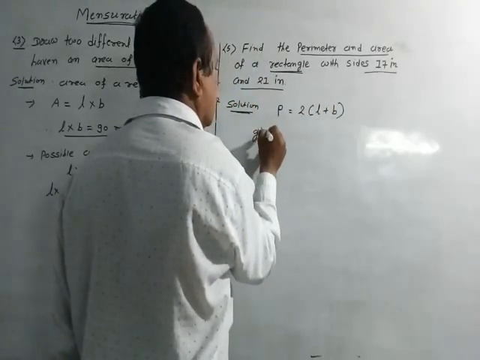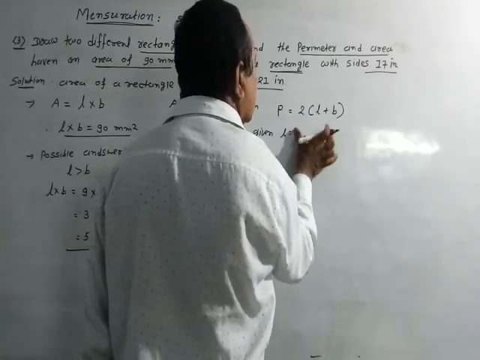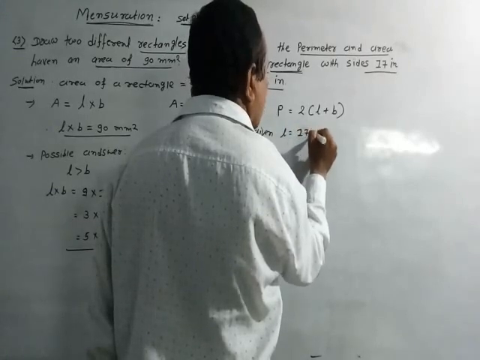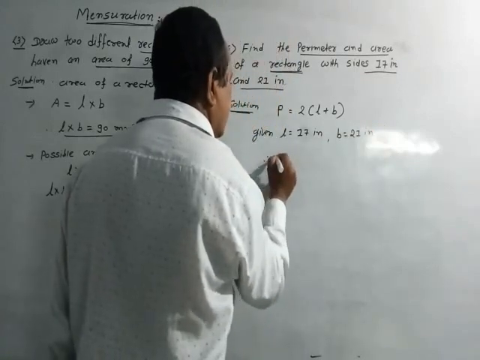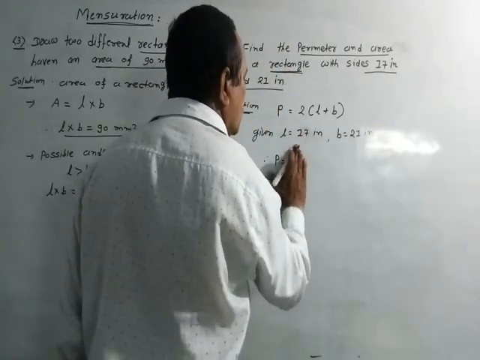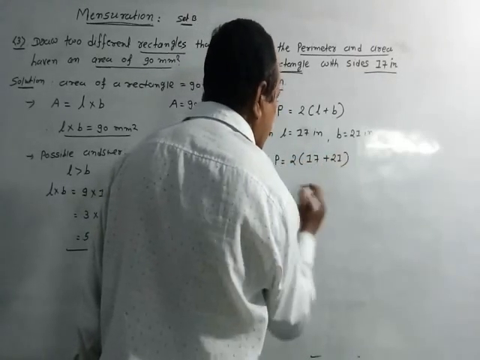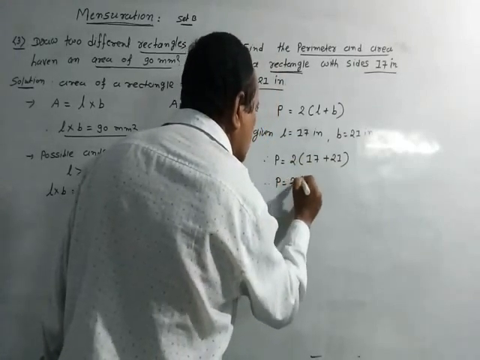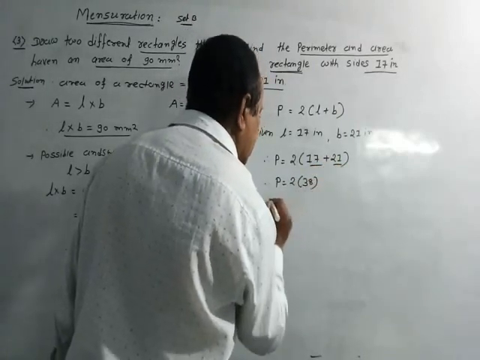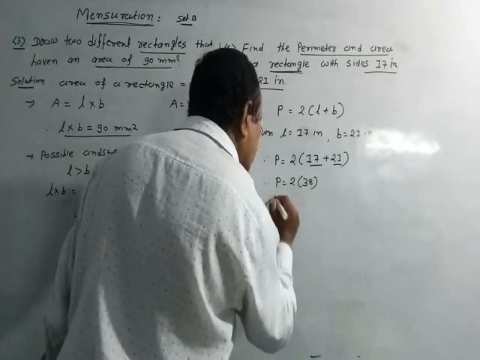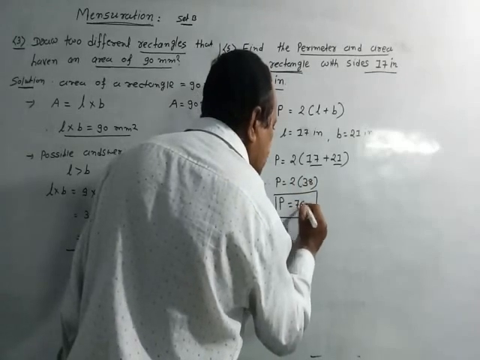Here given L is equal to 17 inch and B is equal to 21 inch. So P is equal to 2 brackets 17 plus 21. So P is equal to 2 times 38. Then perimeter is 76 inch.